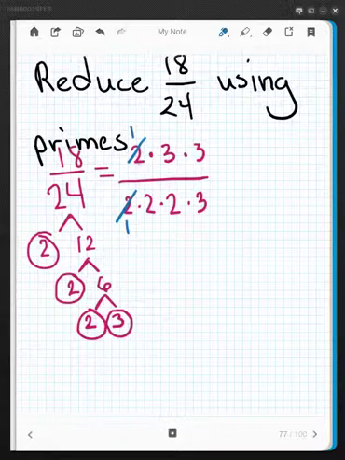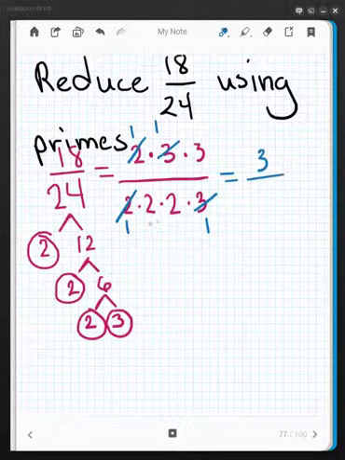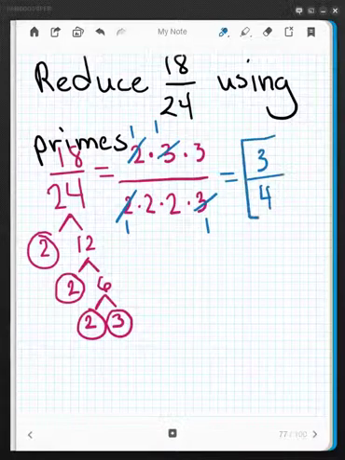So we're doing this as a numerator and denominator. And then one of these 3's goes with one of these 3's, and those become 1's as well. Now we're going to multiply straight across. 1 times 1 times 3, which is 3. And then 1 times 2 times 2 times 1, which is 4. And you see we get the exact same answer. So those are our two methods.